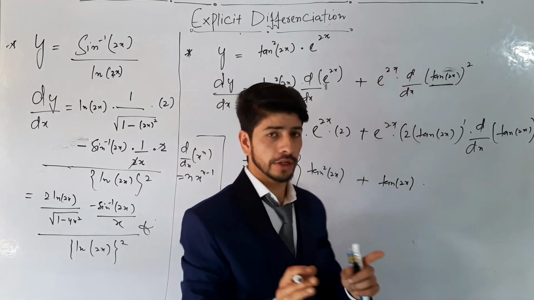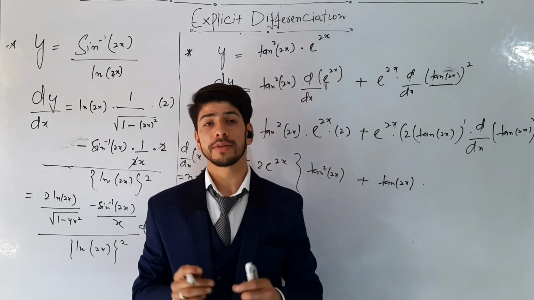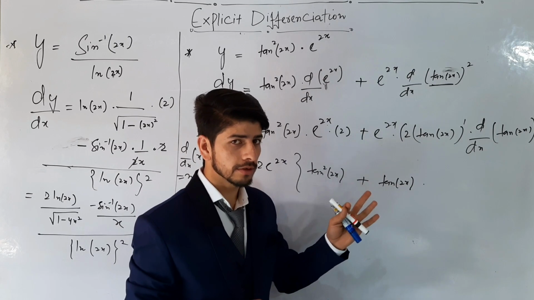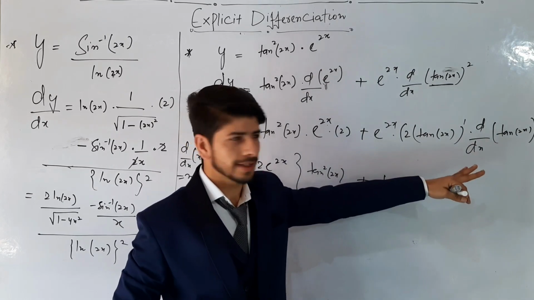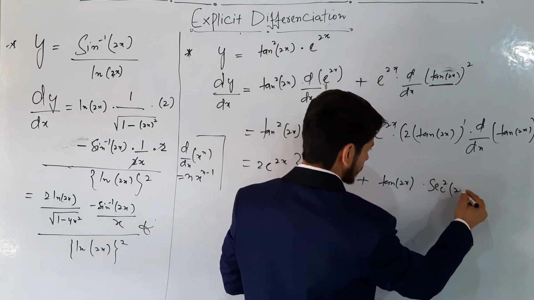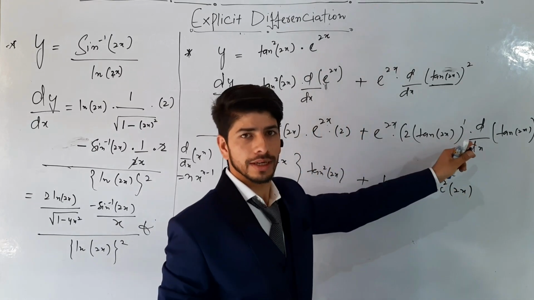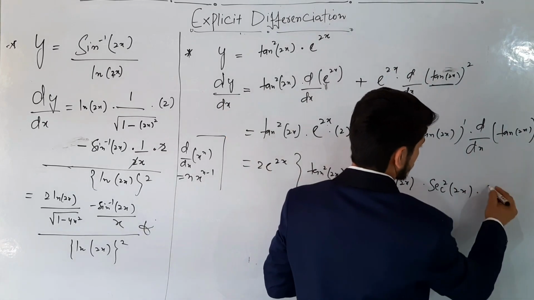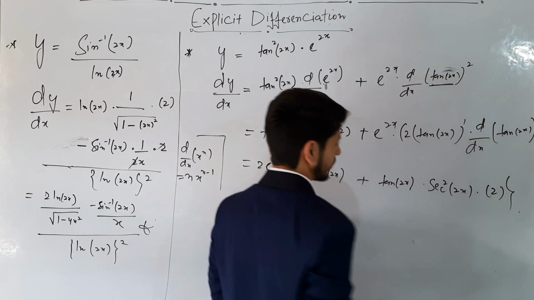Now we know the derivative of tan of x is sec square x, but we don't know about the derivative of tan 2x. We suppose 2x is an x. What is the derivative of tan x? sec square 2x. The quantity we assume to be x, we have to multiply by the derivative of that function. 2x, that's 2. Is it this? Okay, nice.